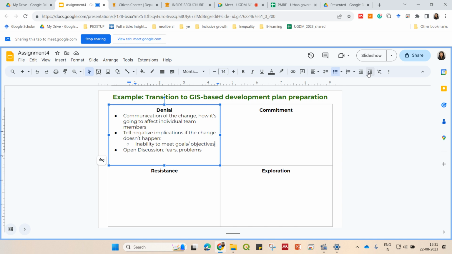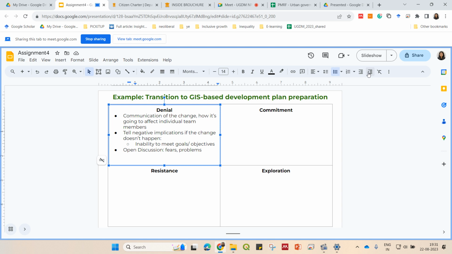But if you keep following your earlier plan preparation methods, you might not be able to meet the goals or objectives which your organization wants you to meet. So this is something negative which will occur if you keep denying the change, if you do not accept that this is something which your organization has to change.